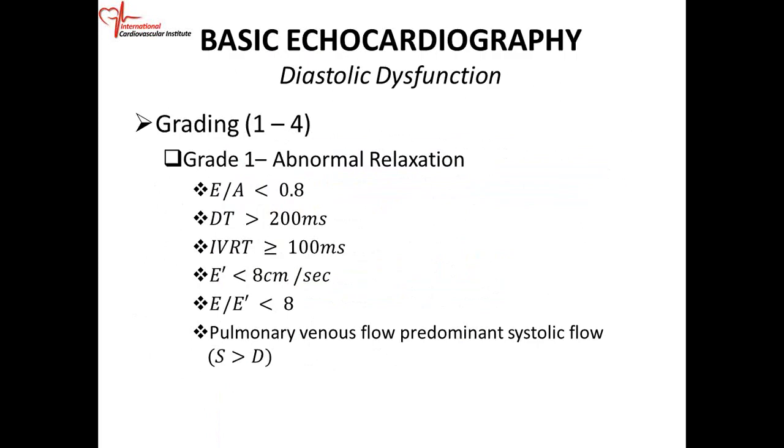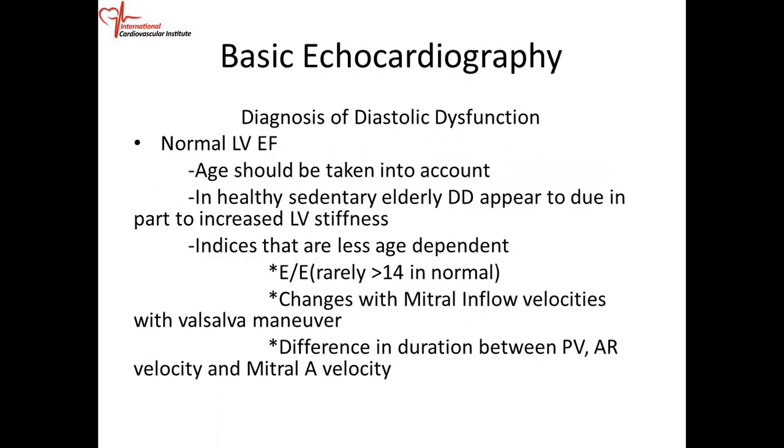All right, so when you talk about diastolic dysfunction in someone with a normal left ventricular ejection fraction, one of the concepts you need to fully embrace is that if the patient has LV systolic dysfunction, if the patient has reduced LV systolic function, they already have diastolic dysfunction.